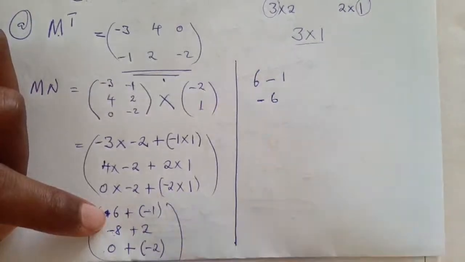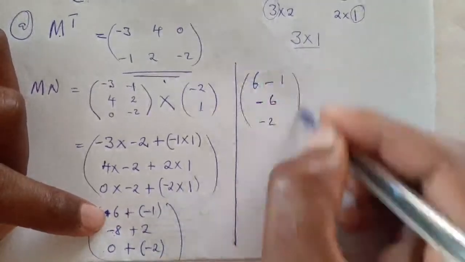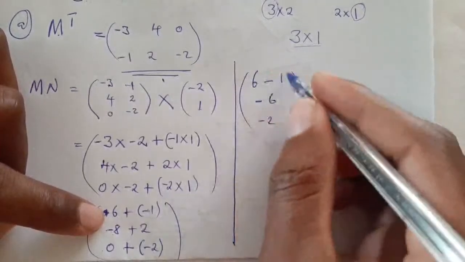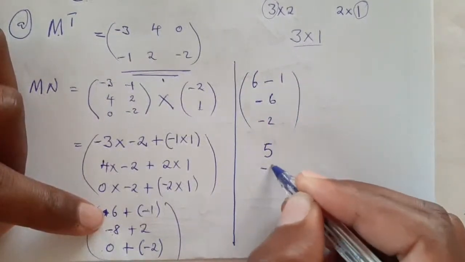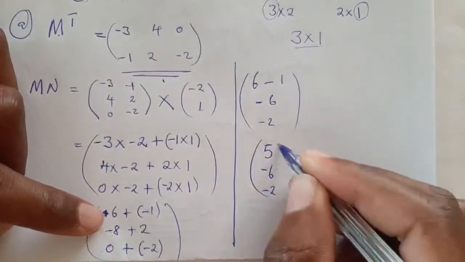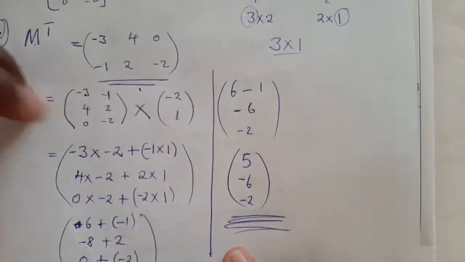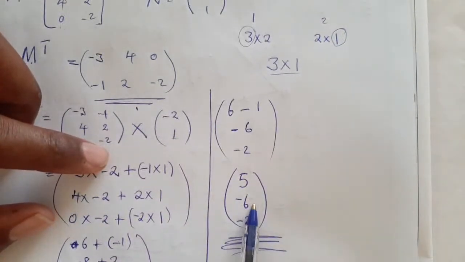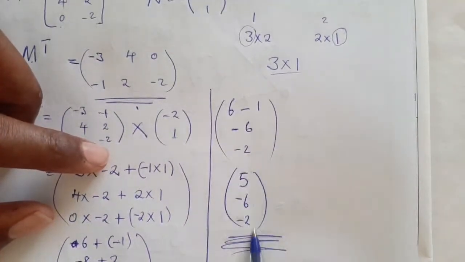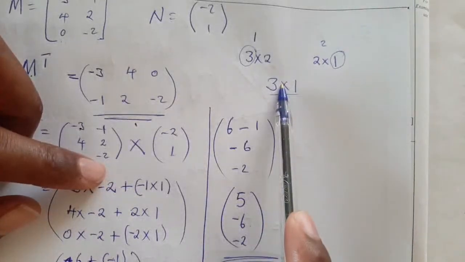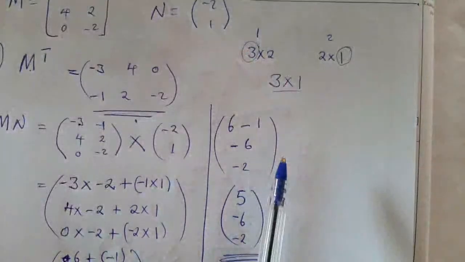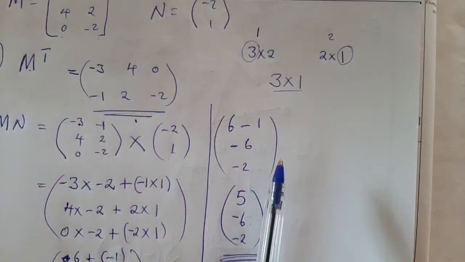So negative 6. Then here, we have a negative 2. So our final answer will be 6 minus 1, we have a 5, negative 6, and a negative 2. This is the single matrix of MN. If you look at the order of this matrix, it's a 3 by 1, just like what we have. So this is some of the tricks that you can use as you are handling your mathematics paper 1.